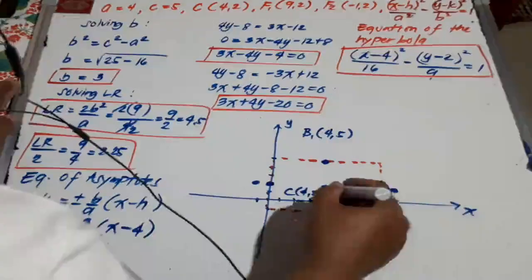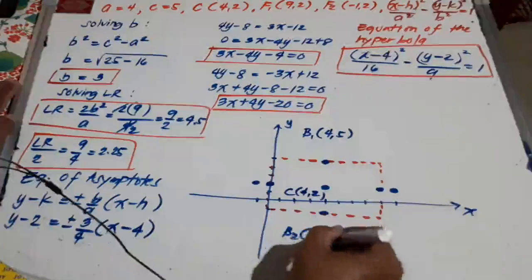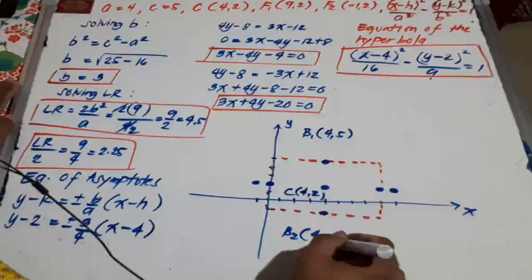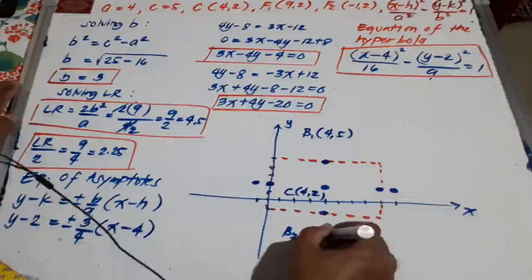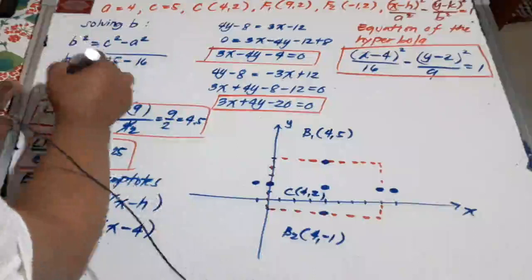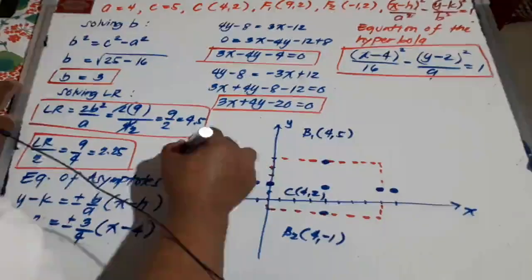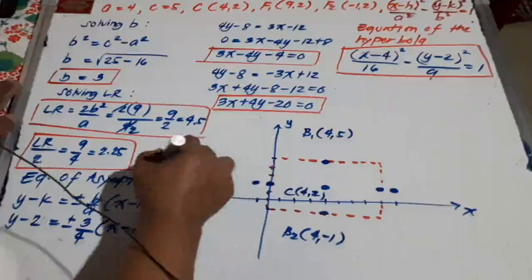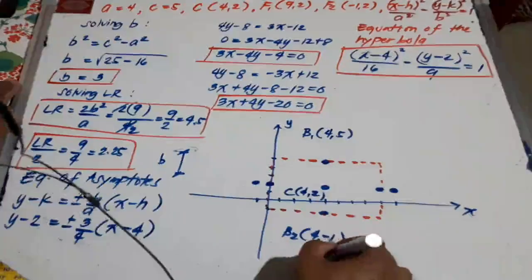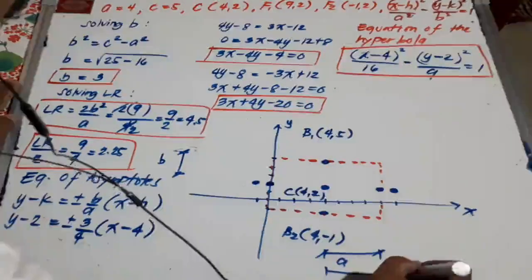Then, sa baba, magsusubtract tayo. So, B sub 2 is 4, 2 minus 3 is negative 1. Kasi, ang B natin, simula dito ay 3 units. Yun yung ating B. Okay? So, dito naman, A. Tsaka dito, yun yung C.